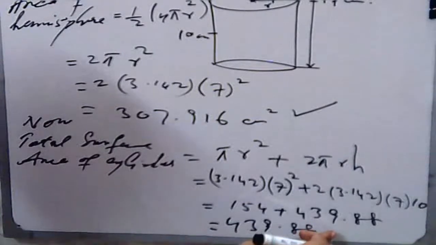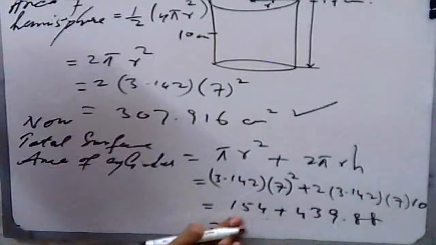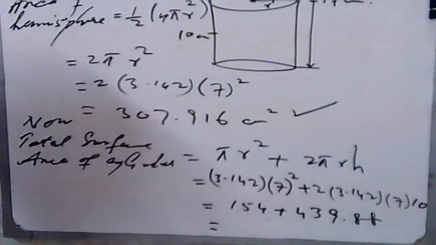So after addition, that is equal to, by using calculator, 439.88 plus 154, you will get 593.88.